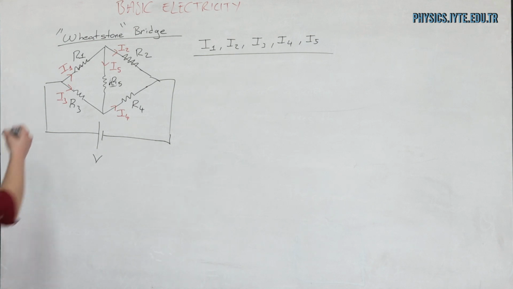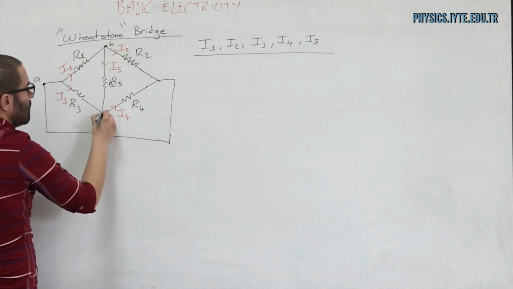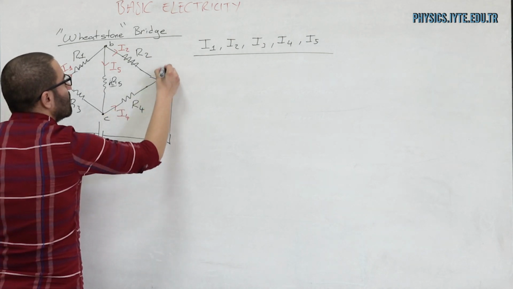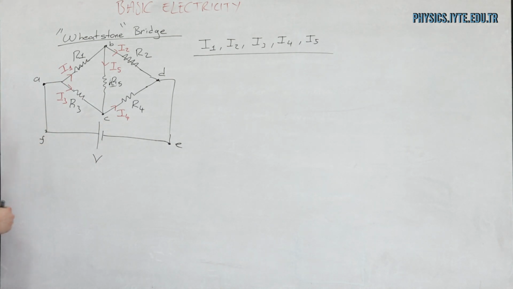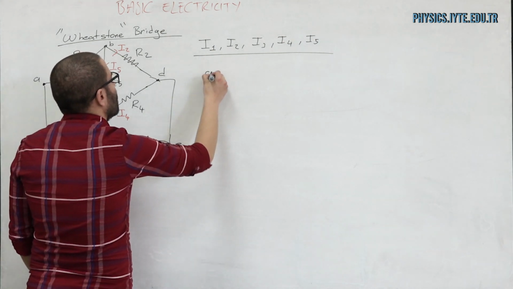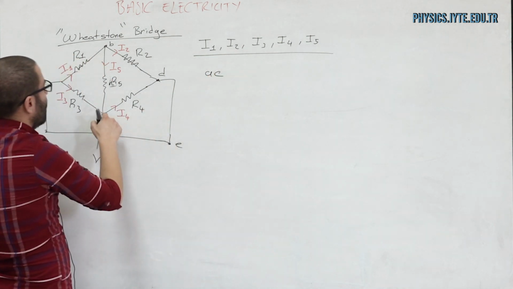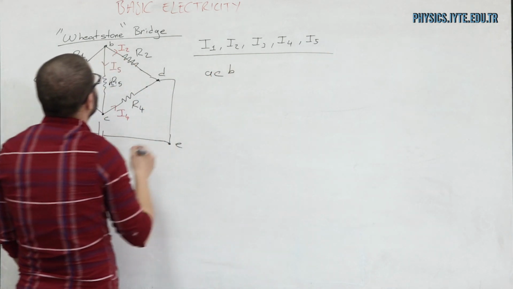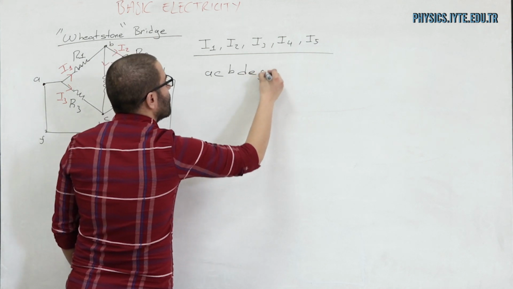I am going to name these branches first. Here's A, B, C, D, E, and F. Now, in order to give you a good example, I am going to choose A, and then C, and then B, and then D, E, F, A loop.